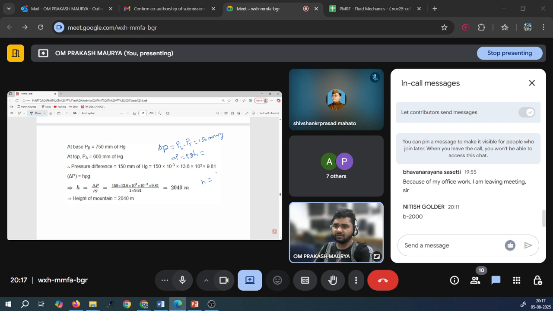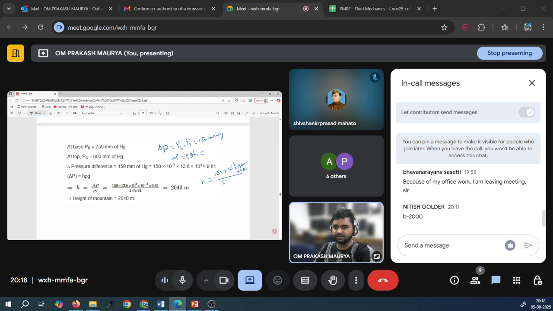So how much H? Your delta P is 150 into 10 to the power minus 3 for converting mm into meter, and for the Hg you will write 13,600 and 9.81, and then after that rho g, because H you need to calculate.